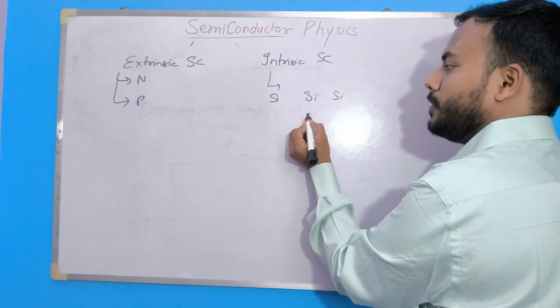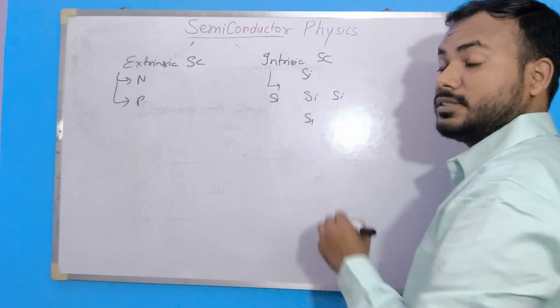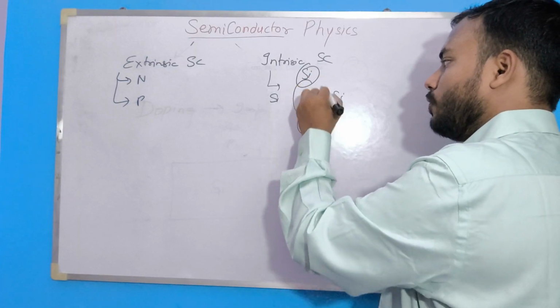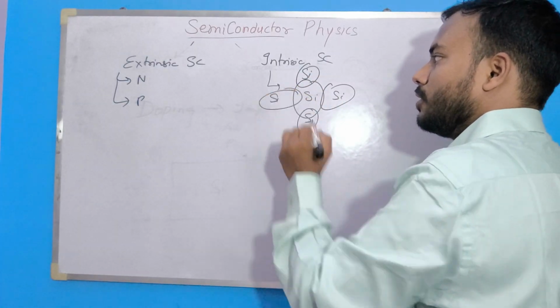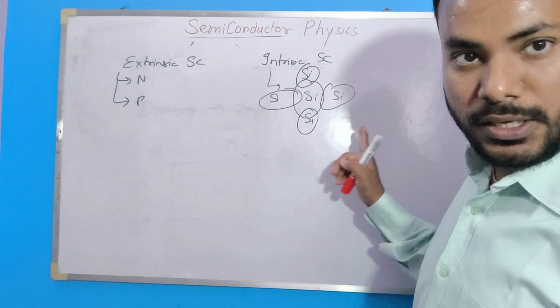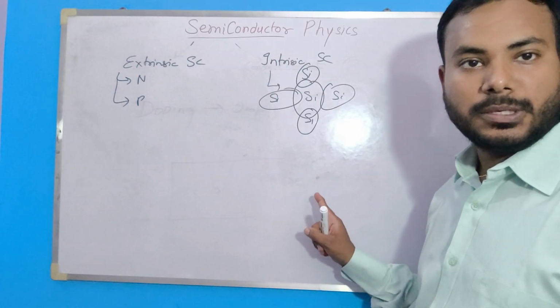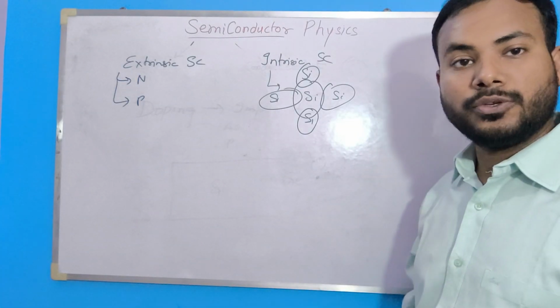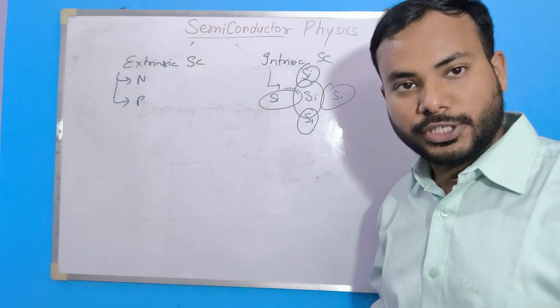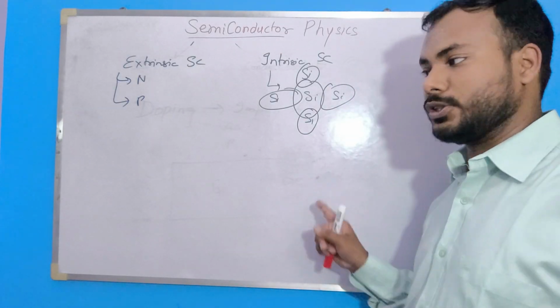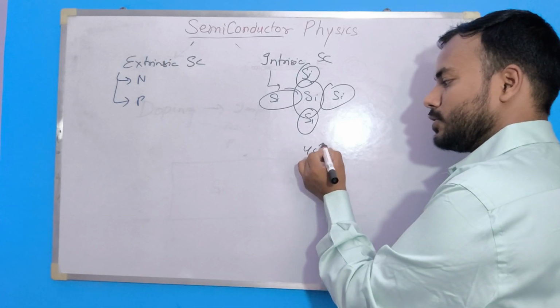Silicon is bonded with another silicon, and silicon is not the only atom which is intrinsic. We also have germanium. As we already know, germanium has atomic number 32 and in its outermost shell we have 4s2 4p2 electrons.